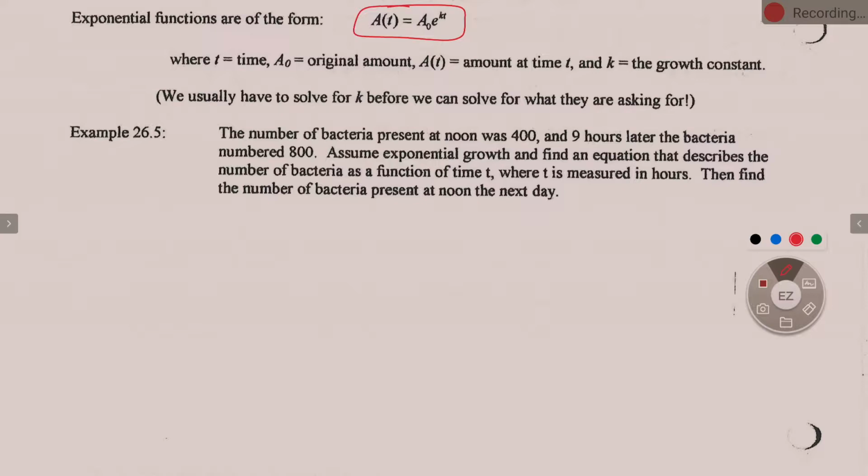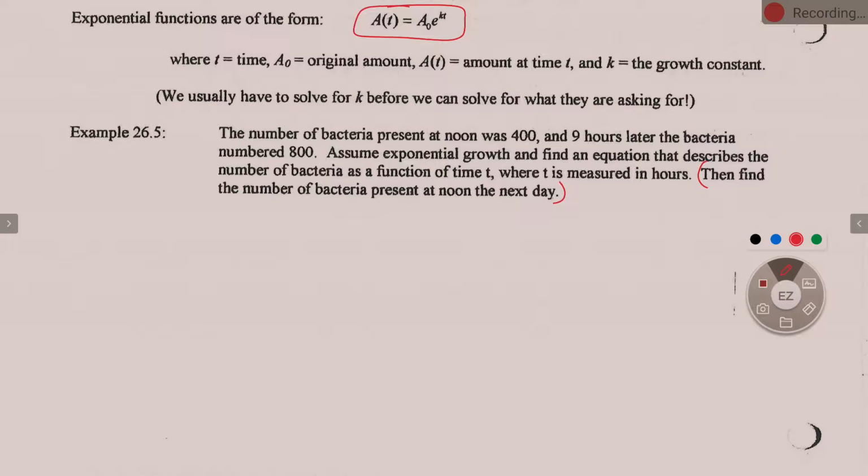Assume exponential growth and find an equation that describes the number of bacteria as a function of time t, where t is measured in hours. I would just stop reading there, because then it says, then find. We'll come back to that later, because that's after you get your equation, we'll find the number of bacteria present at noon the next day.